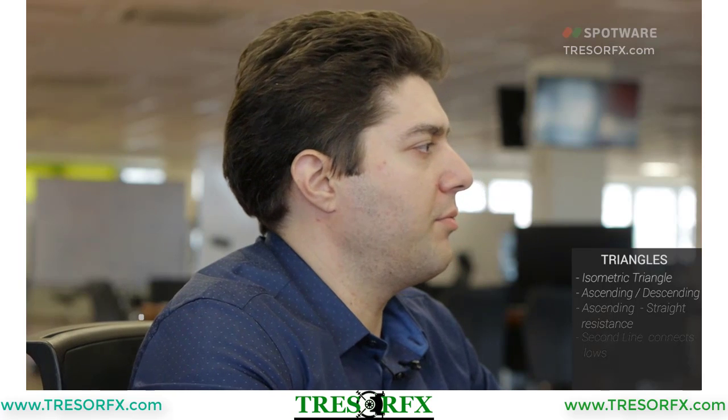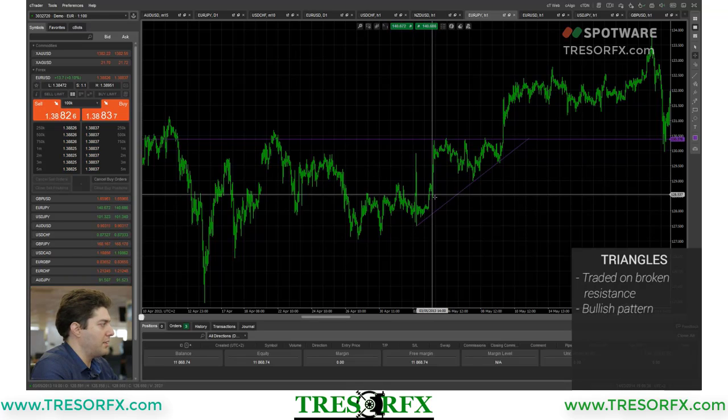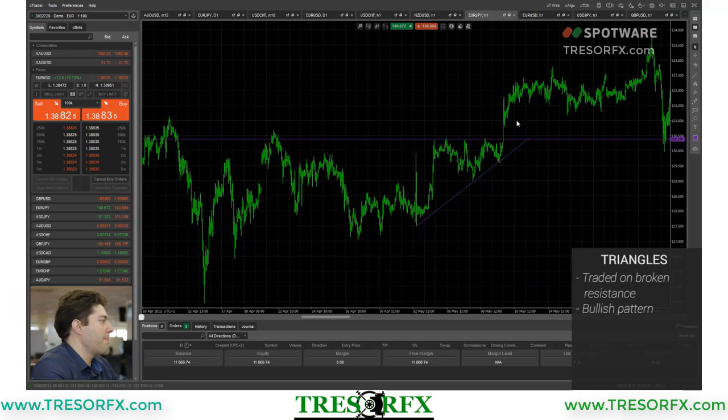The pattern is traded when the price breaks the resistance that is formed by connecting all the high points in this straight line, and I'm going to show you how you can trade it. It's so apparent that this is a bullish pattern because you see that the tendency of the price is to go up.